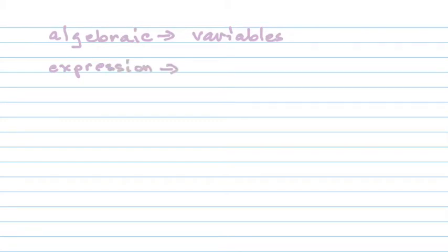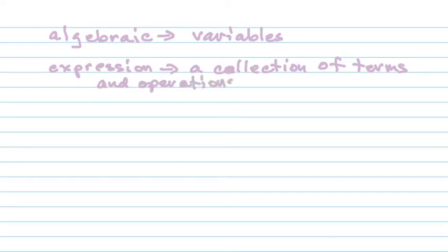The other word that I put up there is the word expression. Now, an expression is simply a collection of terms and operations. But the easiest way to decide that something is an expression is by looking at what it is not. It has no equal symbol.